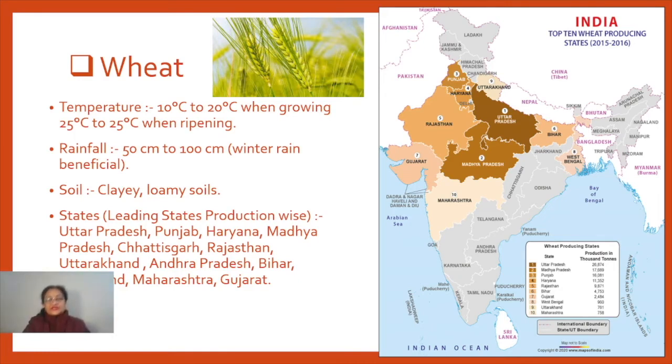Being the second most important food crop in the country, wheat cultivation covers almost 14 to 15% of the total cropped area in India. In the entire world, China is the leading country in wheat production, number one, and India has the second position.